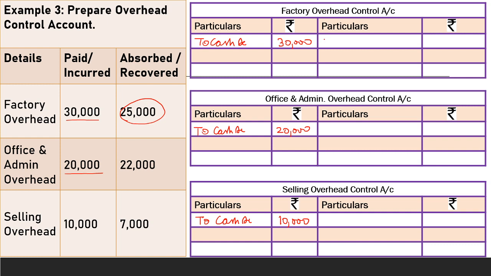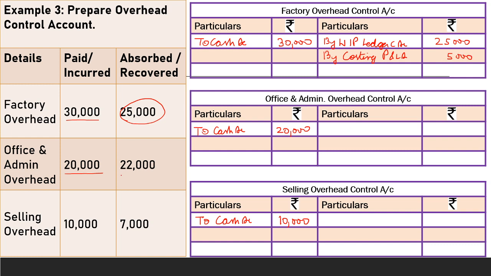So on credit side we write by WIP ledger control account, and we recover 25,000, and the balancing value, which is loss, that is transferred to costing P&L account 5,000 rupees.